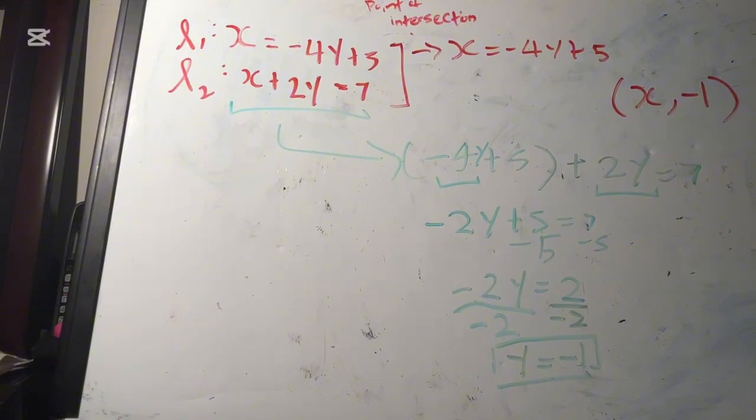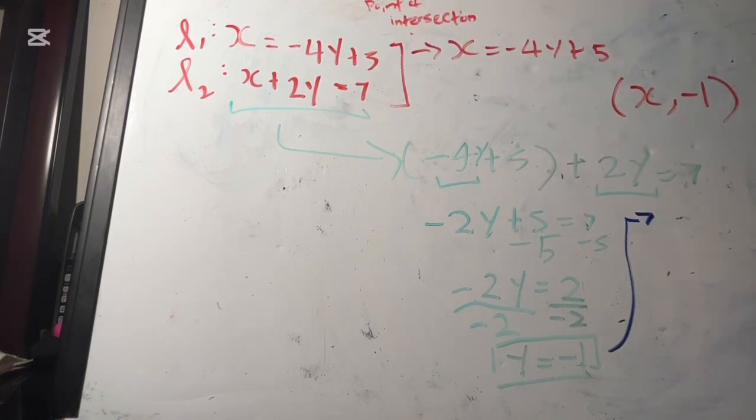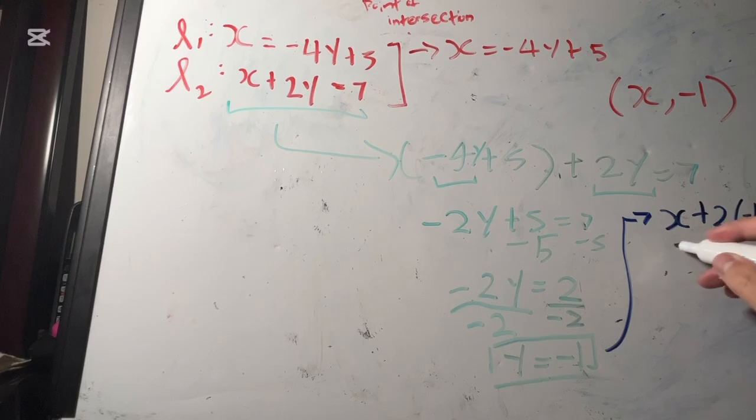So x is unknown and y is negative 1. Now switch colors. As you already know, we're going to plug this back into a simpler equation, and x plus 2 negative 1 equals 7. So x minus 2, since 2 times negative 1 is negative 2, equals 7.